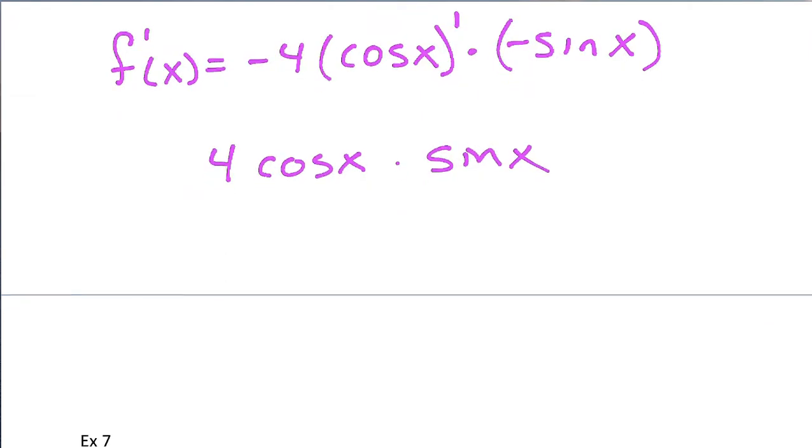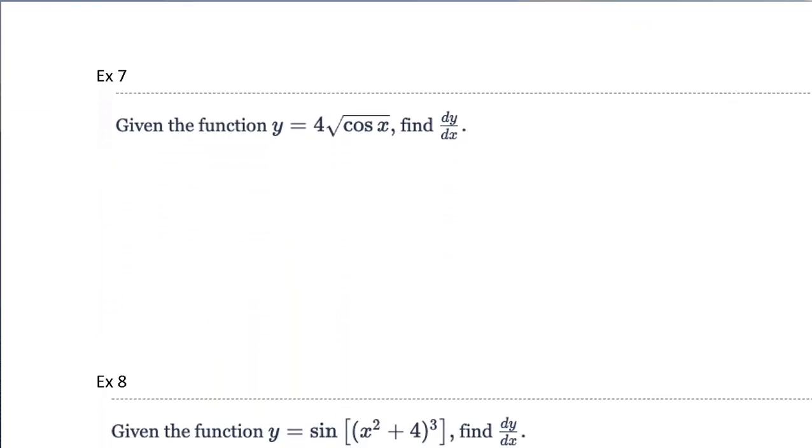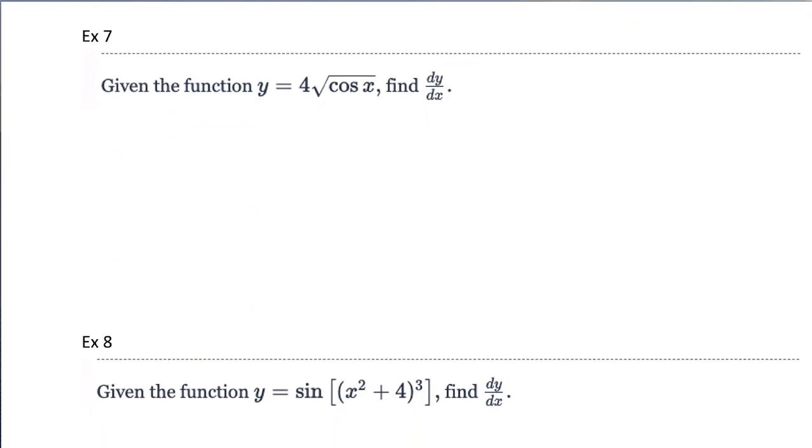Okay, that's example 6. It's 12 examples. Example 7. Remember that on this one, y can be written as 4 times the cosine of x, all raised to the 1/2 power, because of the square root.